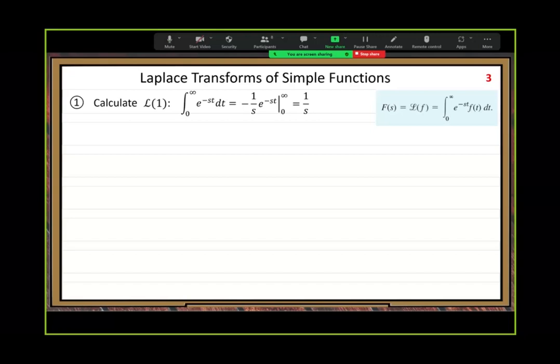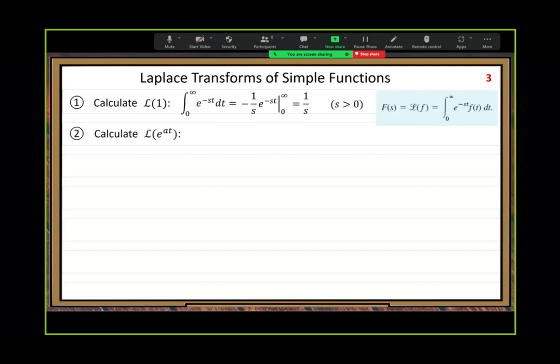We don't want to have the value infinity here. So for that reason, we require S must be a strictly positive number. Then the value can be evaluated, the limit exists. All right, so that's the first one.